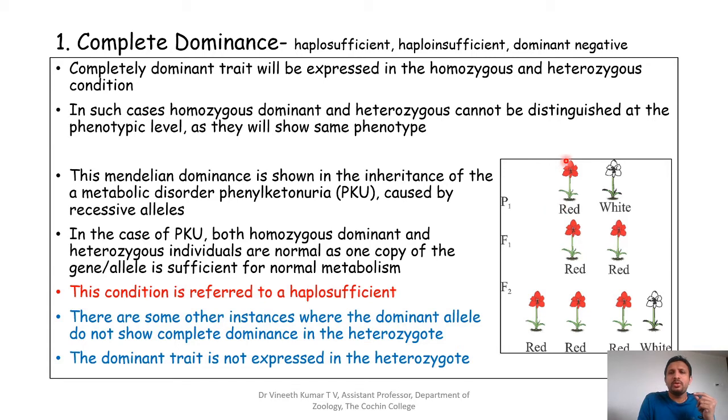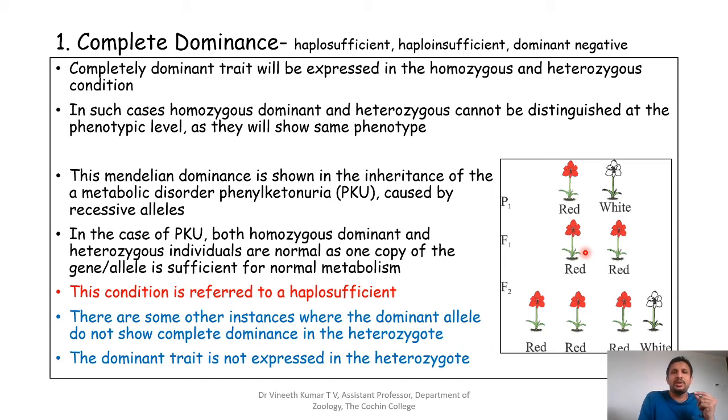that to produce this red color, only half of the allele is required. That means in this particular case, this is a heterozygote with a dominant allele and a recessive allele. In this case, only half of the allele is required to produce this particular color, which means the red color. That means only a single capital R has the influence to produce the red color.